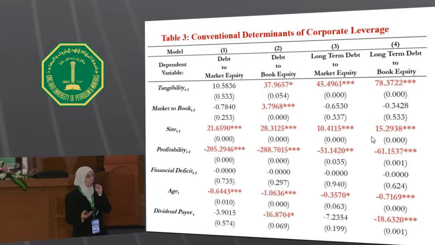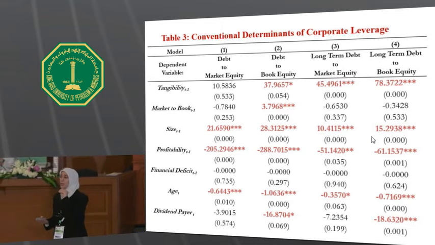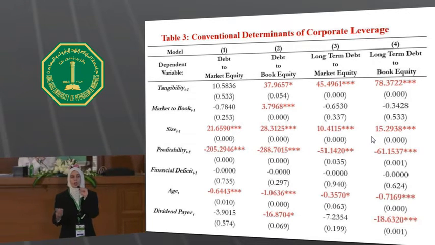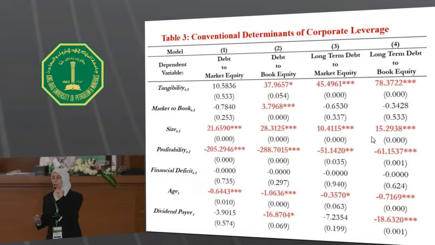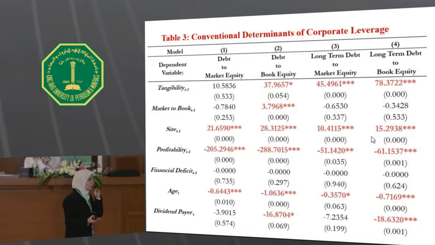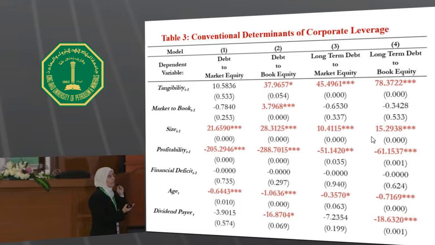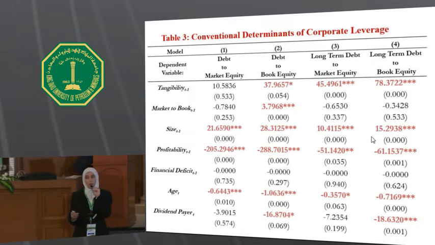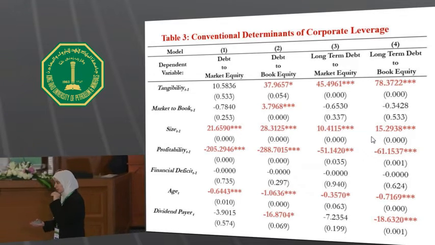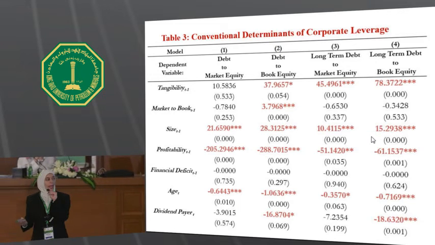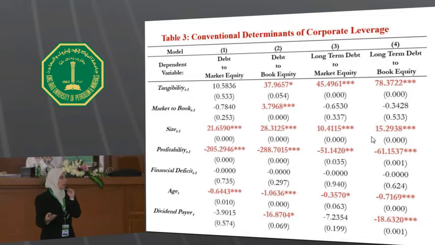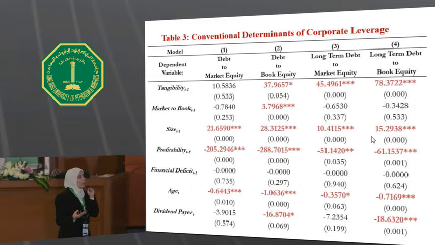When we come to size, we can notice also a significant positive coefficient because large firms are more reputable, so they have lower information costs. We can see that we have a significant negative coefficient for profitability. Again, this is consistent with the pecking order theory, and that the firm has more investment opportunities.